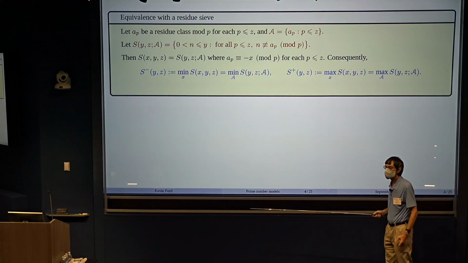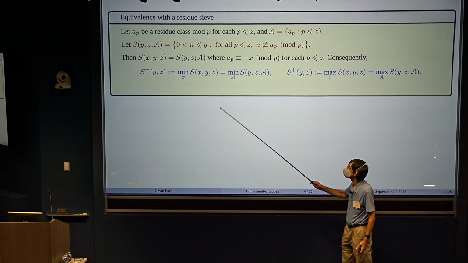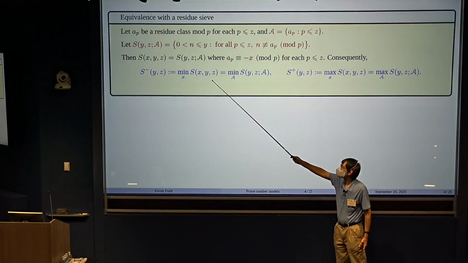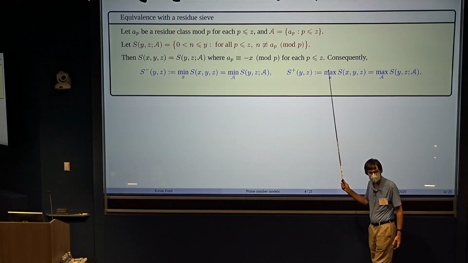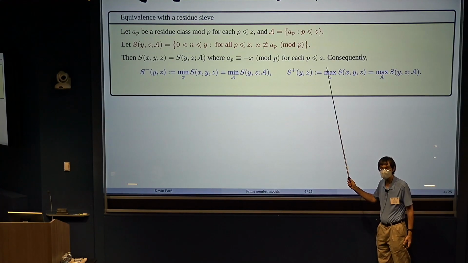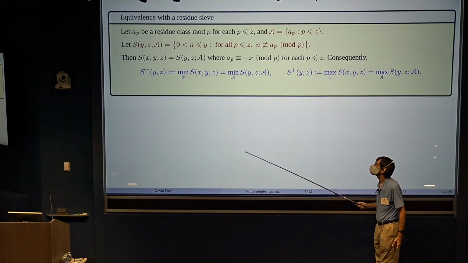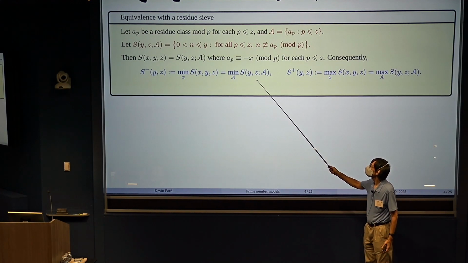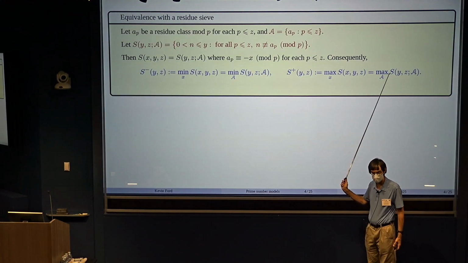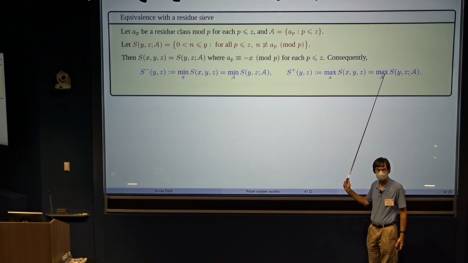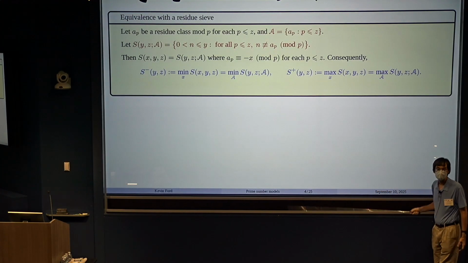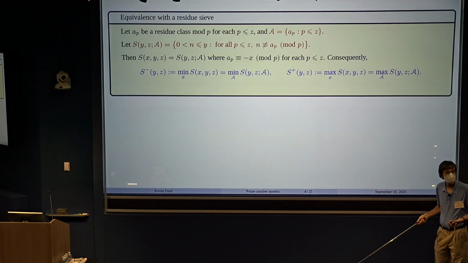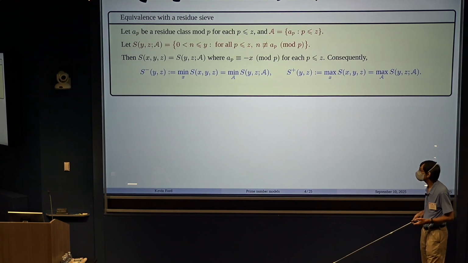And what we care about are the extreme behaviors. So we fix y and z, and now we take the minimum or the maximum over x, our starting point. Equivalently, we fix y and z, and we take the minimum or the maximum over all possible choices of the residue classes.